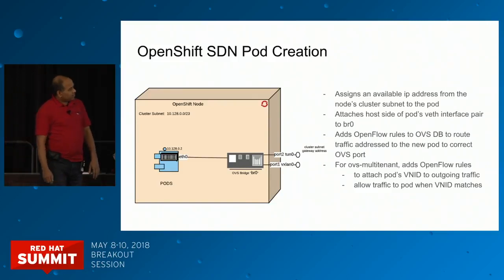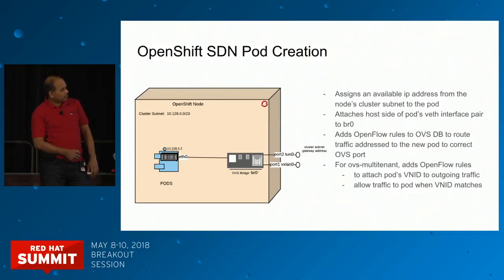Now, whenever a new pod gets created, it is assigned one of the IP addresses from the subnet that is given to the node. So the node gets a list of IP addresses, right? From that list of IP addresses, one of those IP addresses is allocated to the pod. And this ETH0 is mapped to that BR0 network, right?